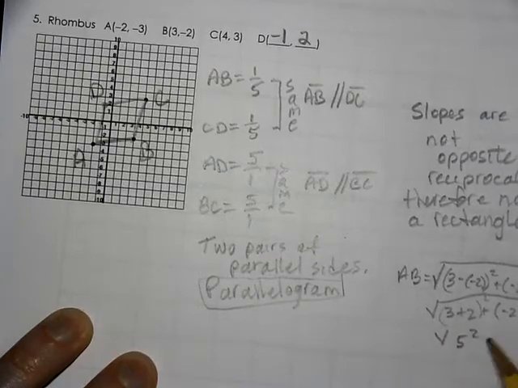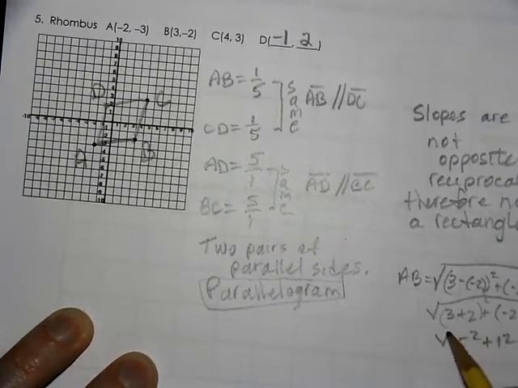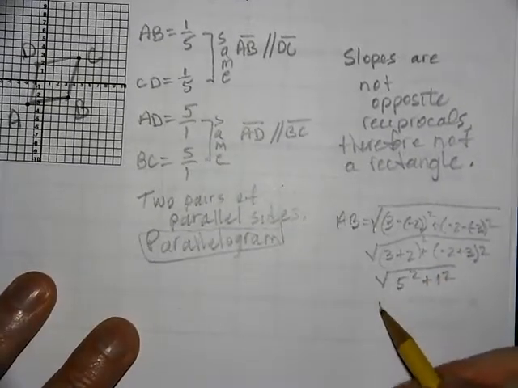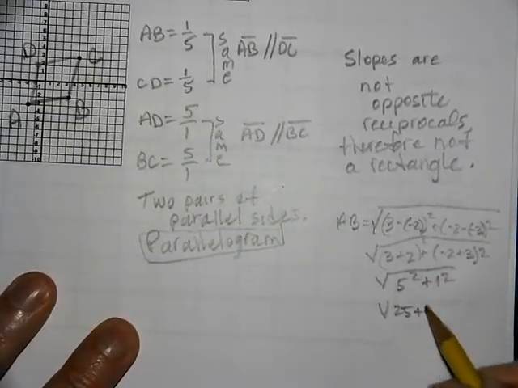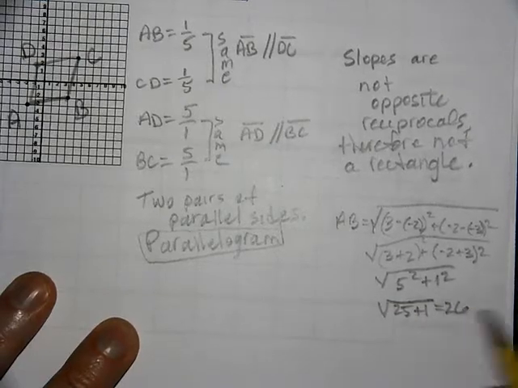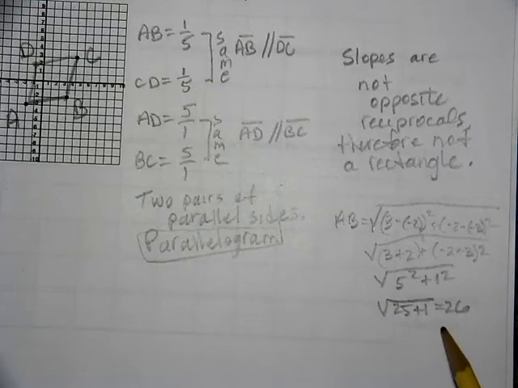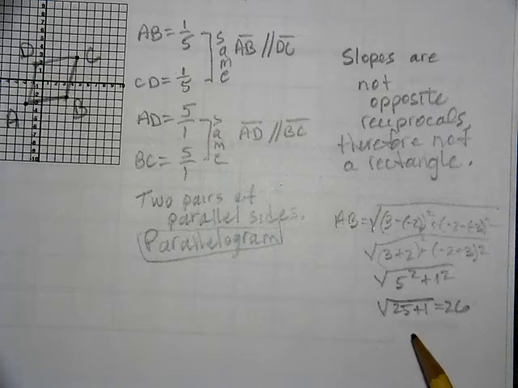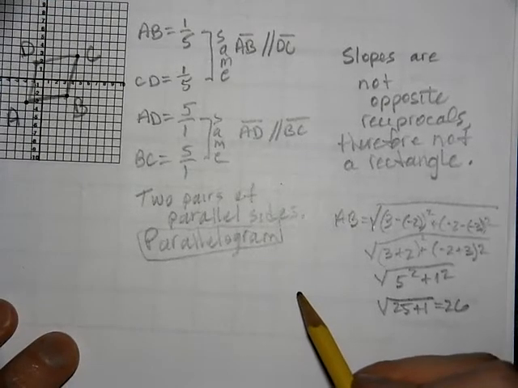So that gives us 5 squared and 1 squared. 25 plus 1 is 26, square root of 26. That by itself doesn't mean anything. We have to compare it to another side.